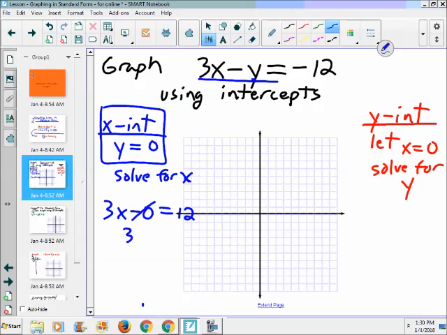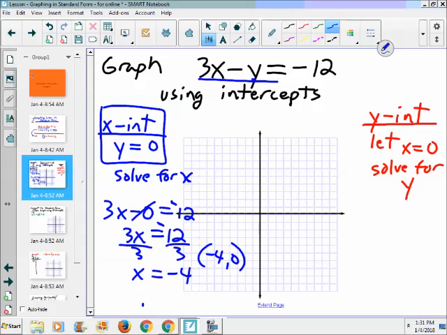The 0 goes away, so we have 3x equals negative 12. We divide both sides by 3, so x equals negative 4. Therefore, our x-intercept as an ordered pair is negative 4, 0.